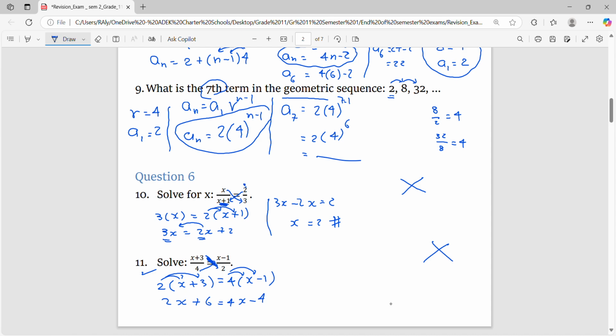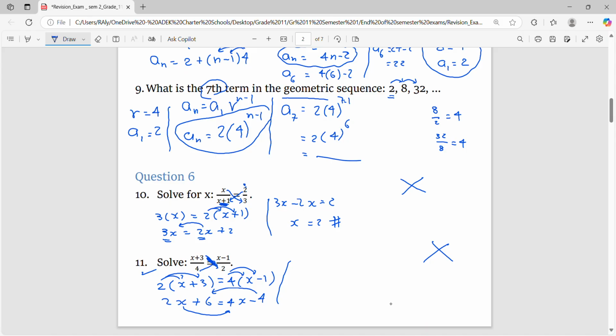Now combine the like terms together. Don't forget to change the sign when you decide to transfer any term. I prefer to send 2x to 4x and not minus 4 to 6. Why 2x to 4x? Because I prefer to send the smaller coefficient of x to the bigger.